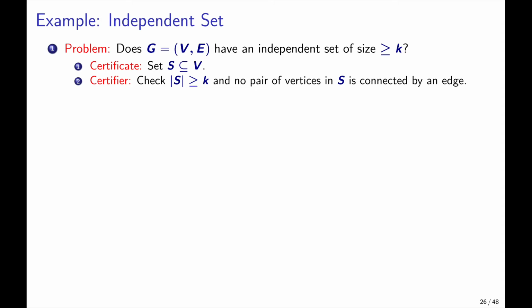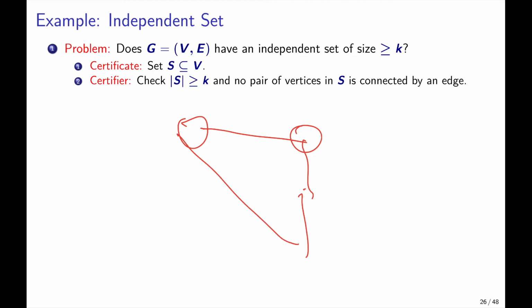For example, if I give you a graph, and let me draw some simple graph, and I ask you, is there an independent set of this graph of size at least 2? The answer is yes, and my proof is: take this vertex and take this vertex. You can immediately verify that it's correct because there is no edge between those two vertices. You just scan all the edges and verify that no edge connects two selected vertices.